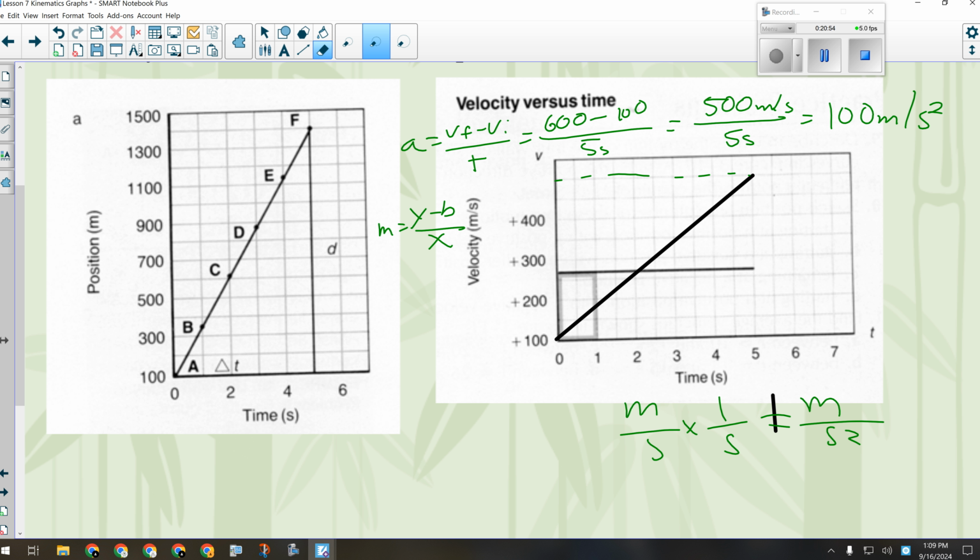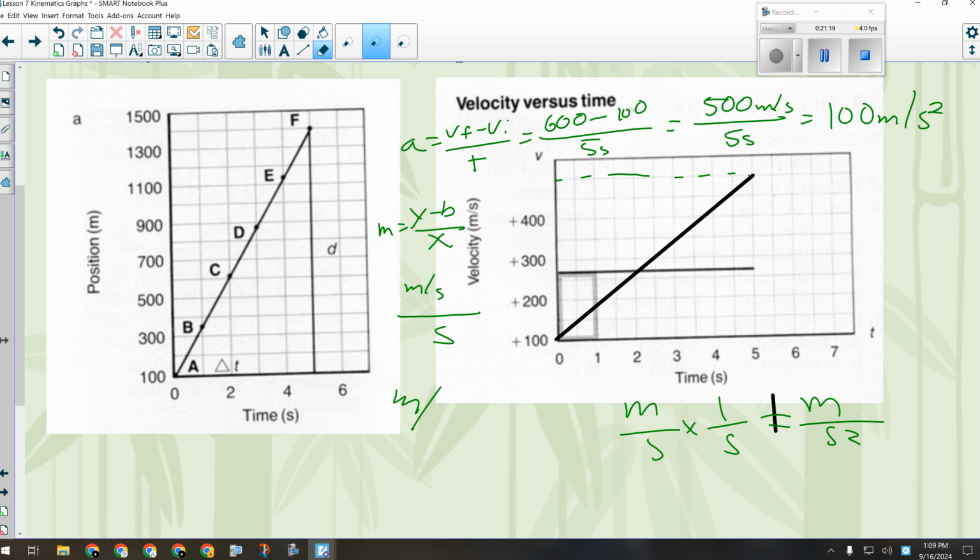So I could, maybe on an exam, give you a graph and ask you, what does the slope of this graph represent? It doesn't require you to do any calculating, it requires you to analyze. I would look at this graph and say, if I calculate the slope of this line, I'm going to have meters per second on the top divided by seconds on the bottom.